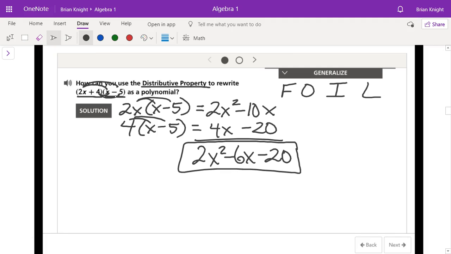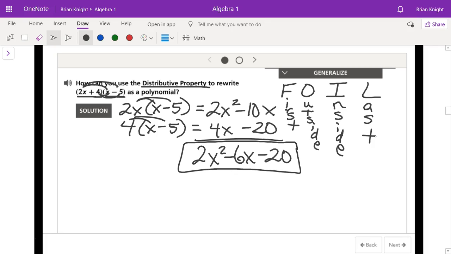Now, they call it FOIL because y'all remember what these stand for? First, outside, inside, last. She's been waiting for me to ask that. Now, what they're talking about is the first term of each binomial.